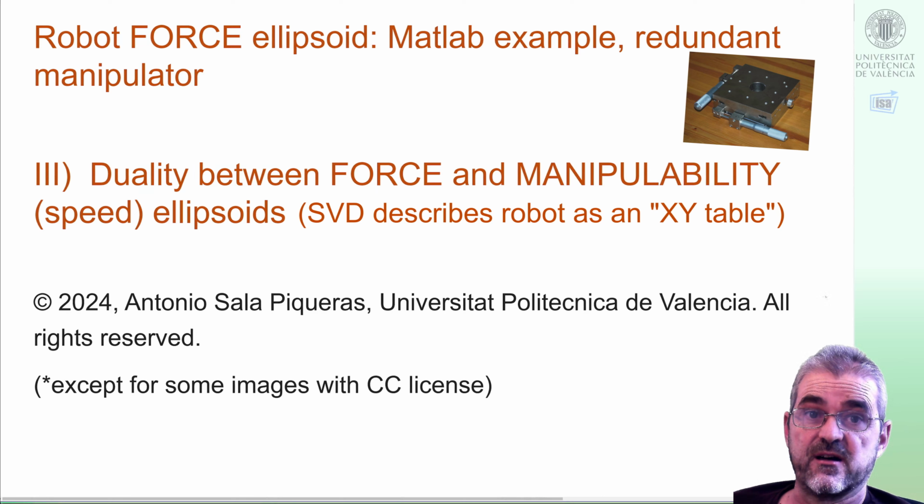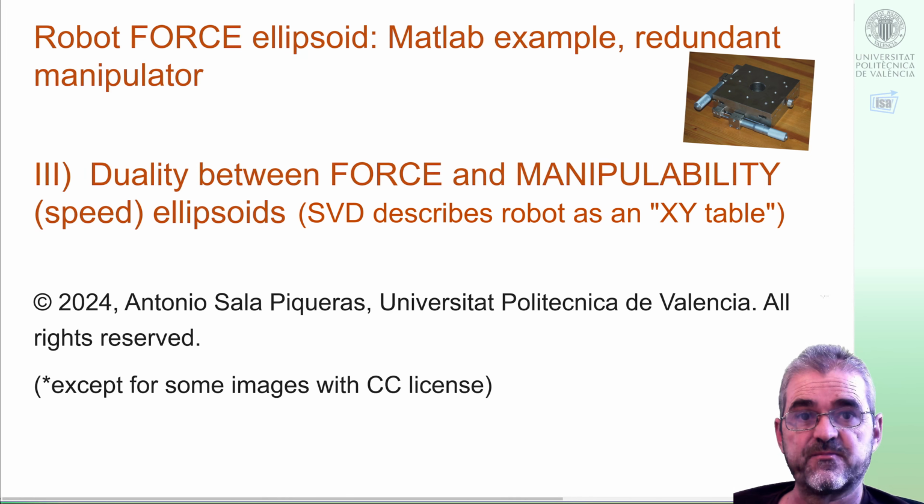Hi, I'm Antonio Sala, and in this video we are going to finish with the discussion on the manipulability analysis of a robotic manipulator. We spoke about the manipulability ellipsoid in units of speeds, feasible and effective speeds, given some joint speed limits.